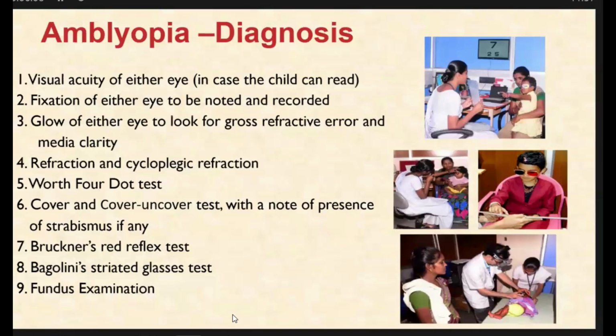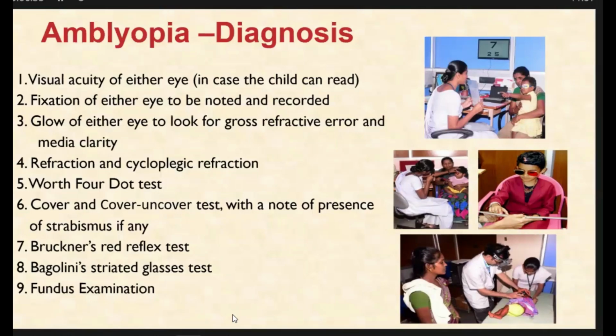So how will you diagnose? Comprehensive ocular examination is always required to rule out squint, refractive error, and media opacities. Visual acuity of either eye and fixation of either eye are to be noted and recorded. Look at the glow of the eye for any gross refractive error and media clarity.